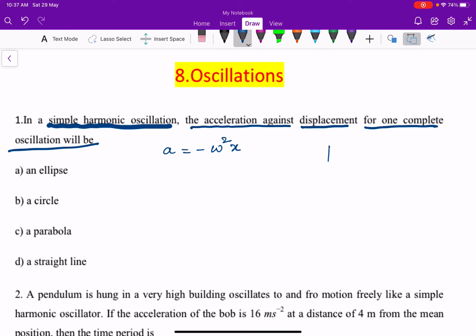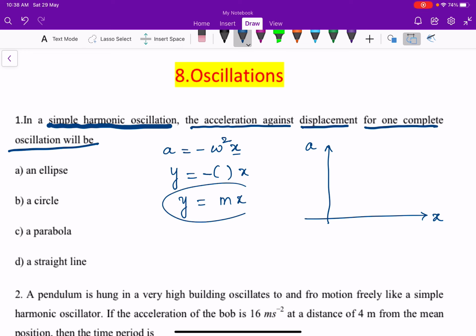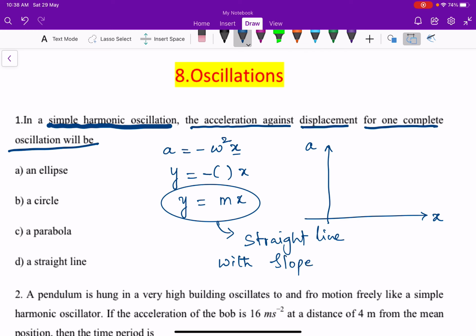When I take acceleration on the y-axis and position on the x-axis, this is y equal to something into x, which is in the form y equal to mx. That is the equation of a straight line with slope omega square. So the correct answer is a straight line.